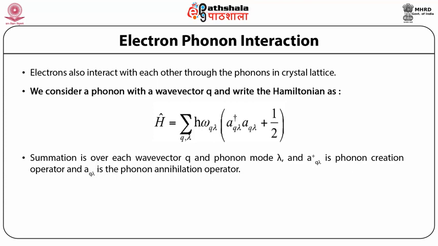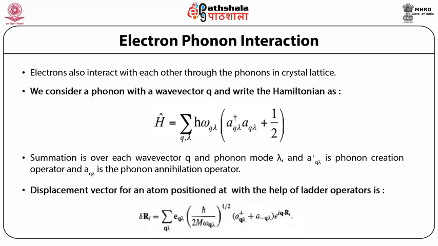The displacement vector of an atom, with the help of ladder operators, is delta Ri equal to summation over q lambda of epsilon q lambda into square root of h cross divided by 2m omega q lambda, multiplied by a dagger q lambda plus a minus q lambda in brackets, into e raised to power minus i q dot Ri.